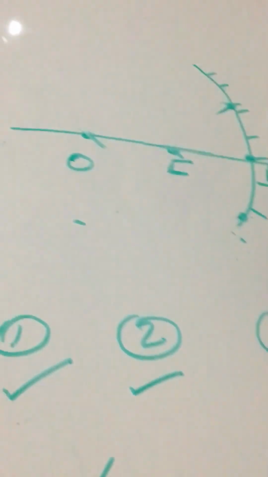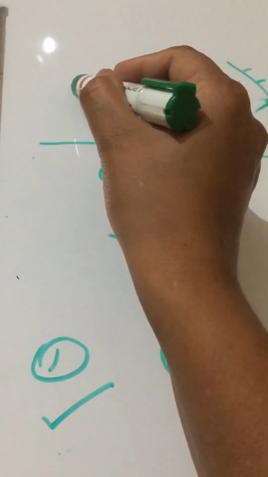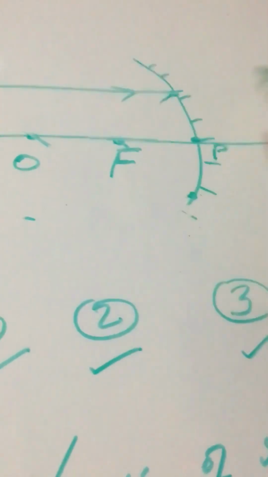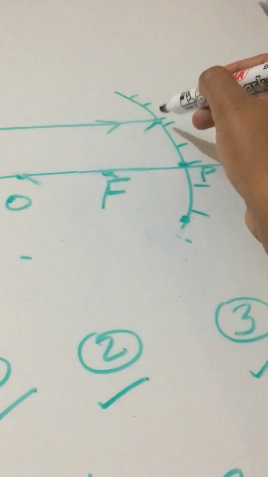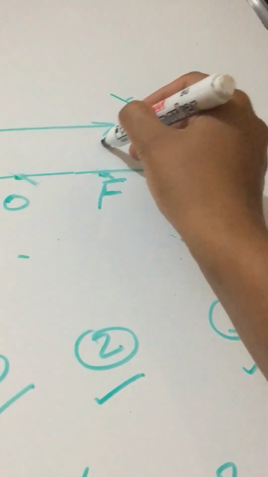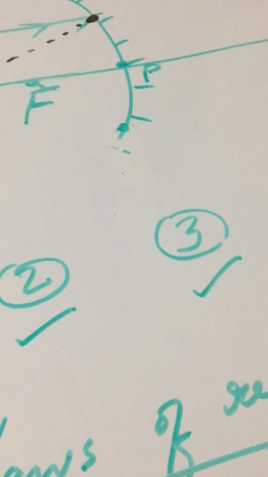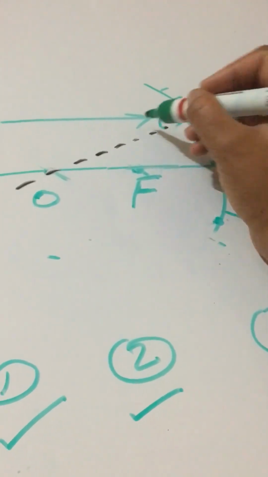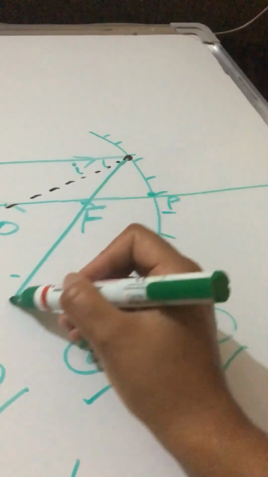Now even if a light is parallel, let me repeat it. This is the focus, right? Coming to rule number 1, the incident ray. Which will be the angle of incidence at this point? This is the normal, right? If this angle is I, then the reflected ray, as the focus is right in the middle, should pass through it.